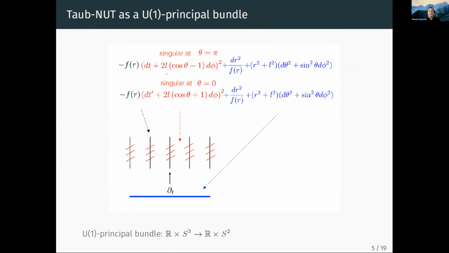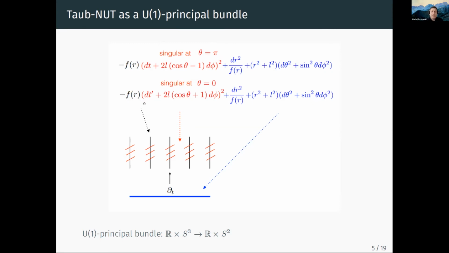So let me talk about Taub-NUT in yet another way. By carefully decomposing the metric tensor in a certain way, we can impose on this spacetime the structure of a U(1) principal bundle.